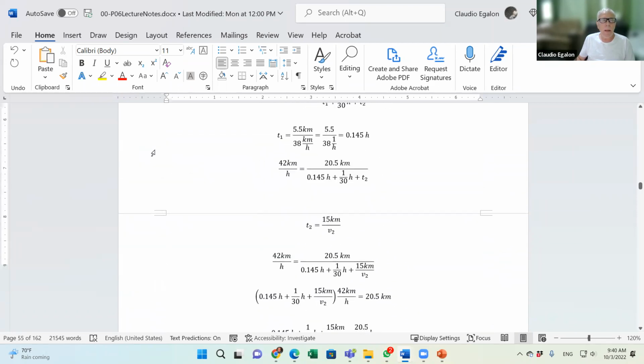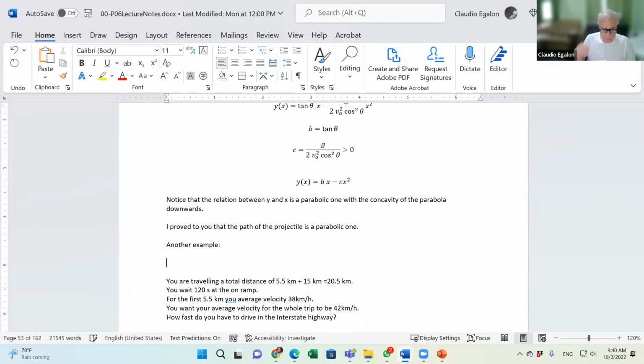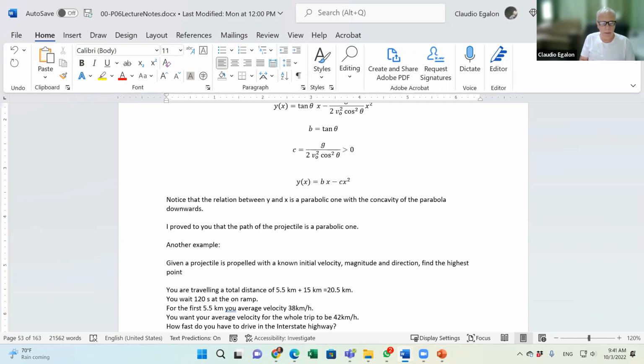Given a projectile is propelled with a known initial velocity, magnitude, and angle, and direction, find the highest point the projectile reaches.